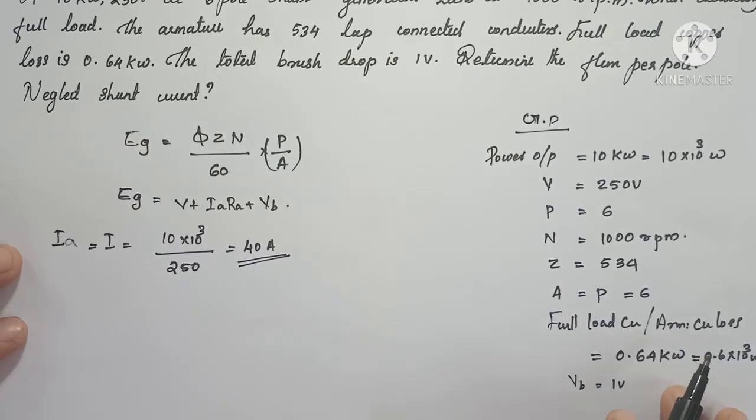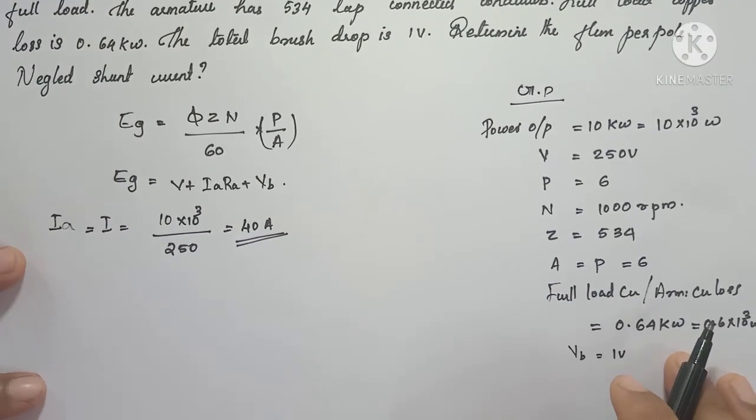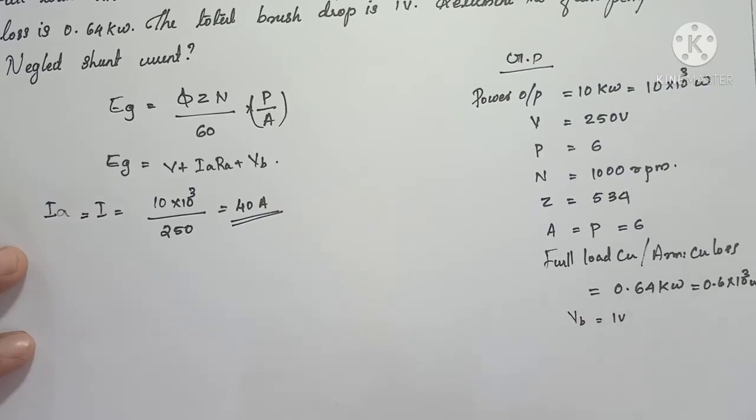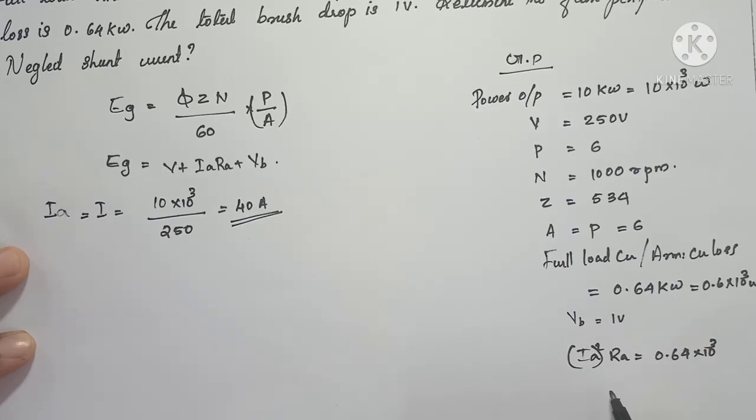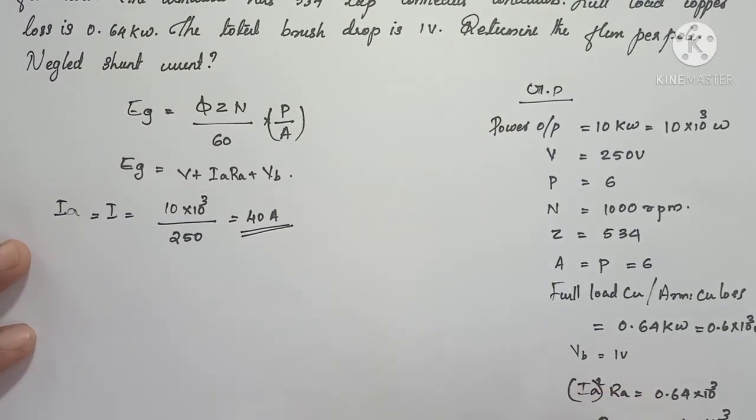We can calculate the full load copper loss from Ia square Ra, that is 0.64 into 10 raised to 3. From here we will get Ra is equal to 0.64 into 10 raised to 3 divided by Ia square. So already Ia is 40, so 40 square.